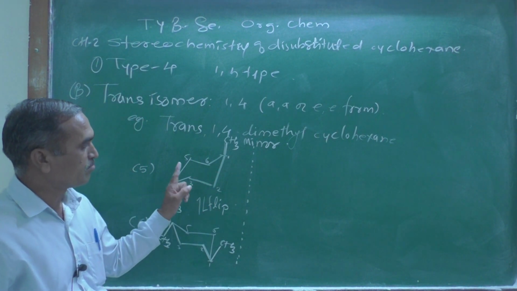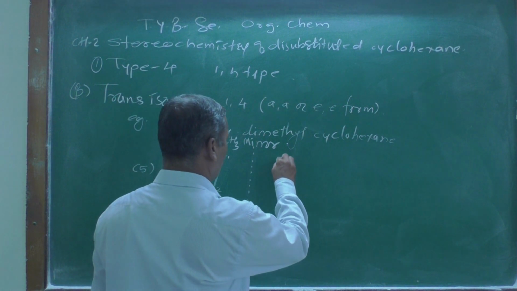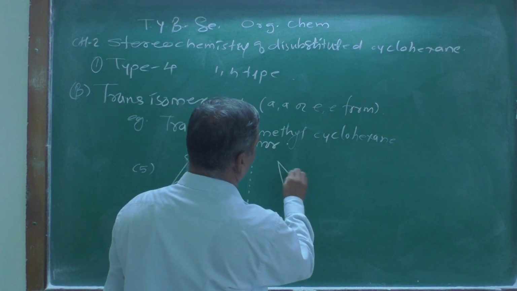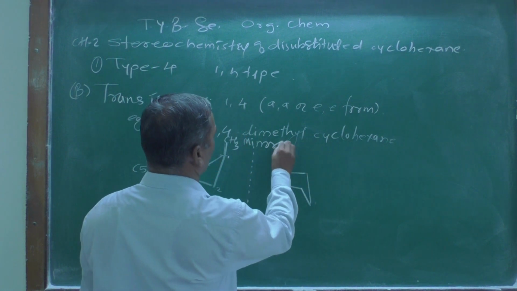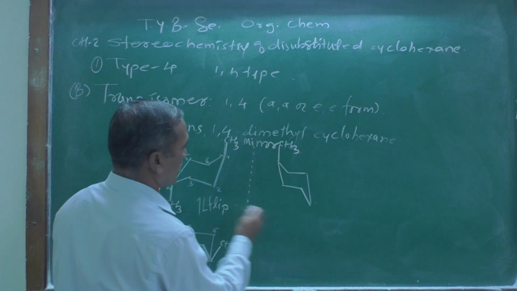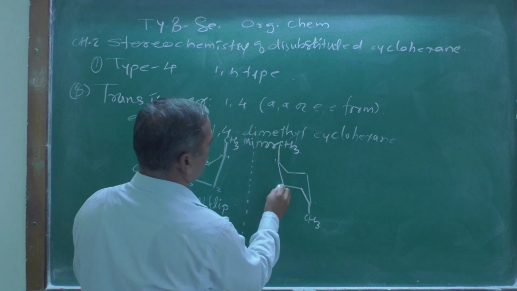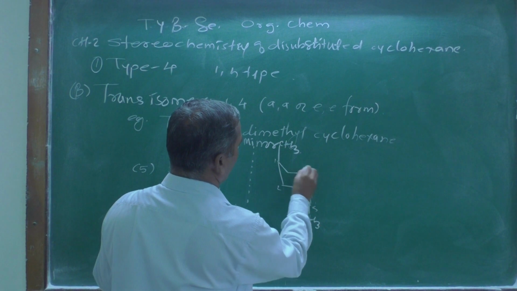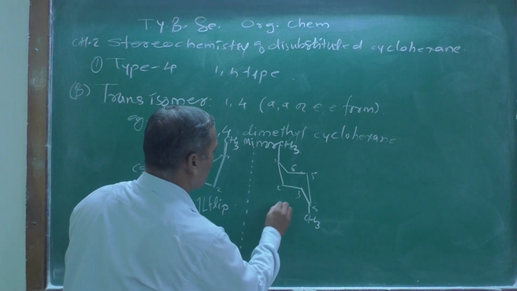So this compound looks like this in the mirror, and you get its mirror image. Here is a methyl group, and another methyl group at the 4 position, numbered 1, 2, 3, 4, 5 and 6 as usual. Now do the flipping process.